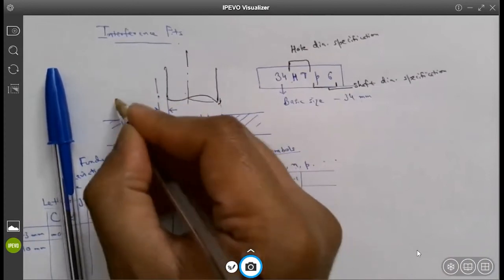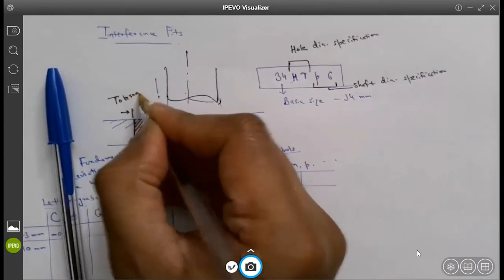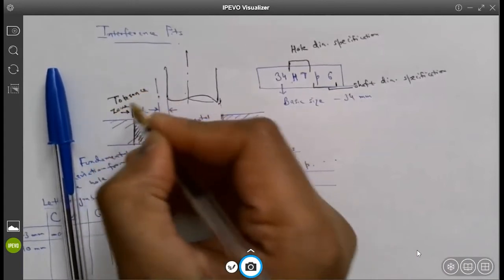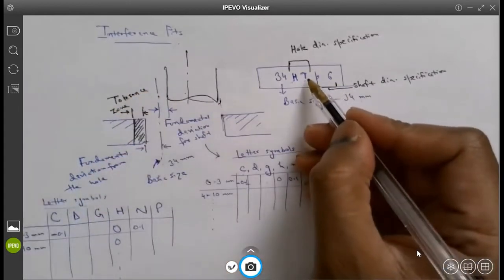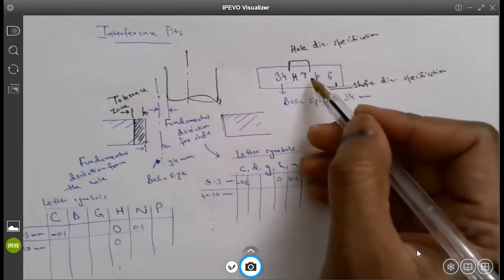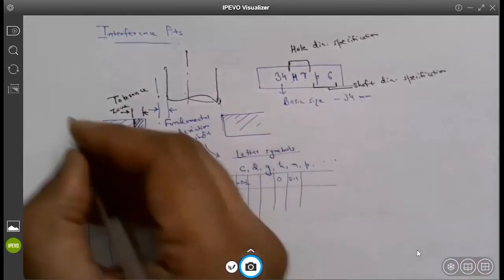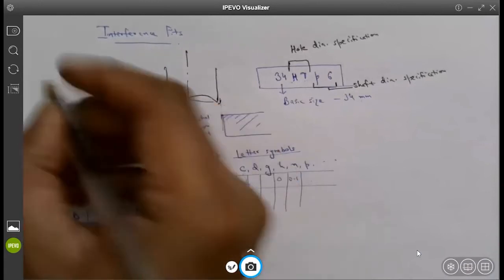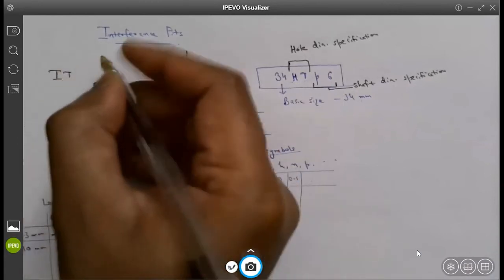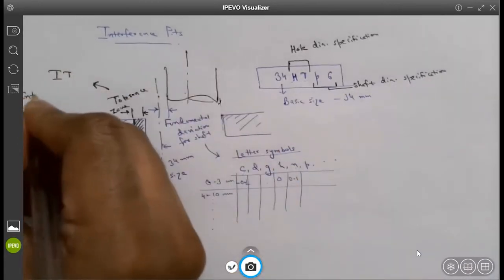So this is known as the tolerance zone, given by these digits, which we call IT7, International Tolerance Grade numbers.